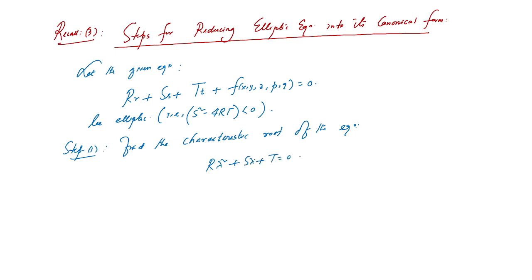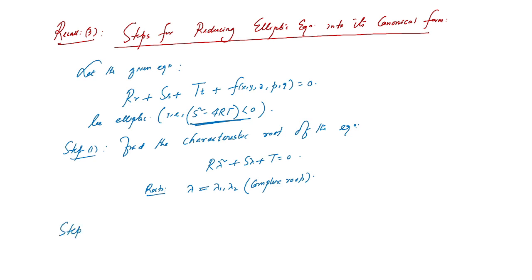And see, the discriminant is negative, so obviously the characteristic roots must be complex, imaginary roots. So here the roots, lambda 1 and lambda 2, are basically complex roots, because the discriminant is less than 0.